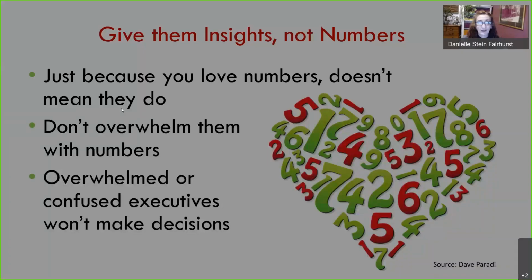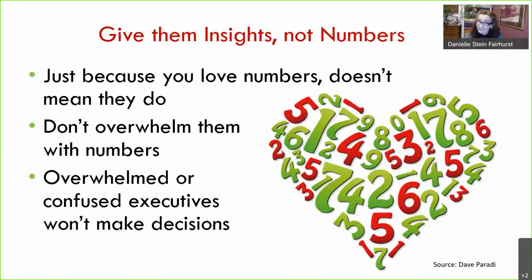So just because we love numbers doesn't mean everybody loves numbers. So don't overwhelm people with numbers, because if they're overwhelmed or confused, they simply won't make decisions. And often that's what we want from our financial model, isn't it? A financial model is often built to make decisions.